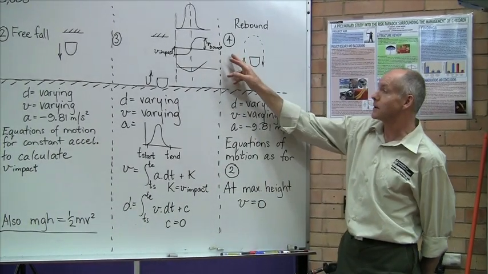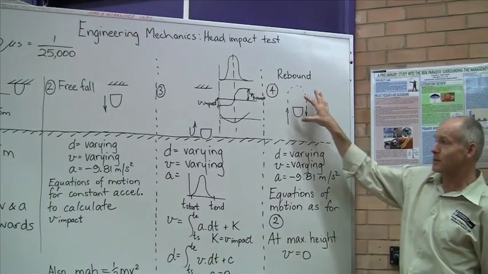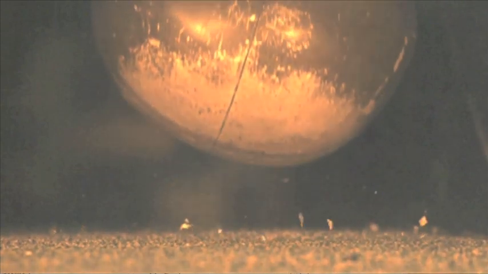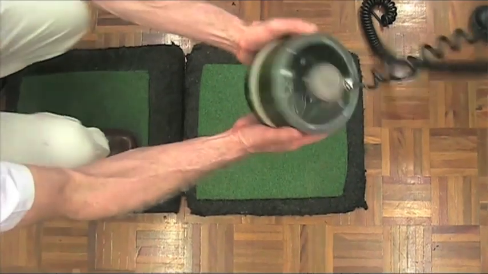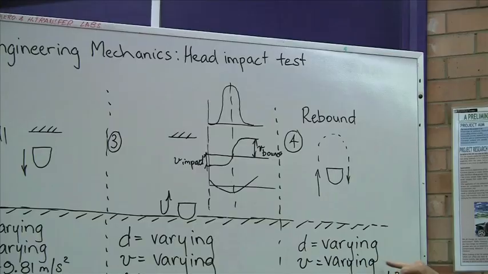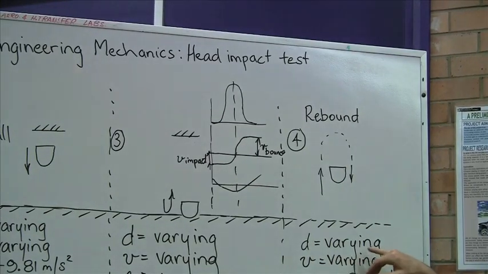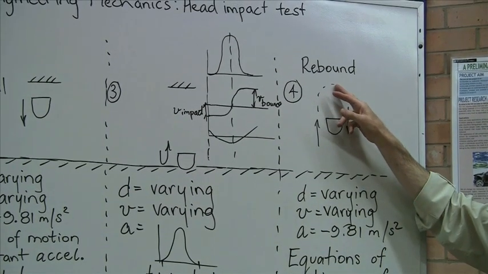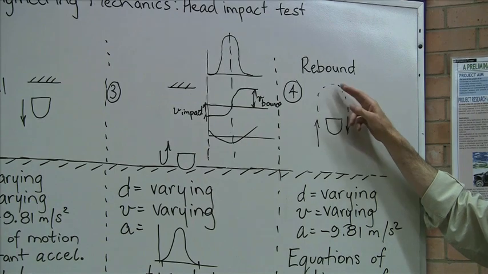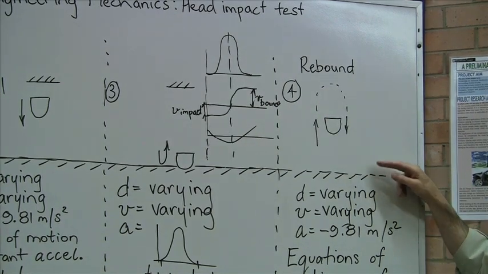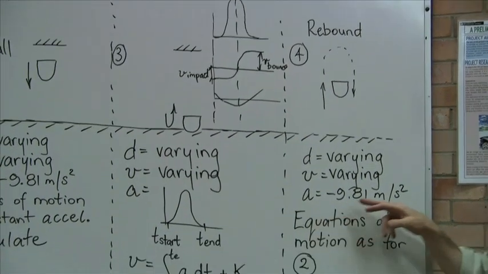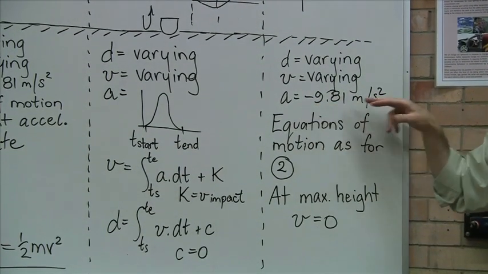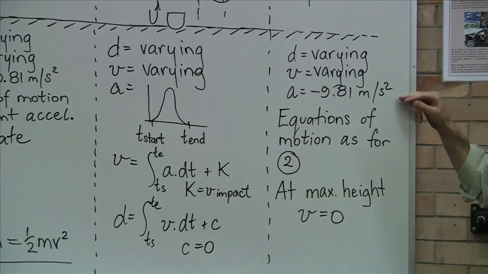Now the rebound is somewhat similar to stage 2, the free fall. During rebound, the head form is travelling up, so our distance is varying, our velocity is varying. Our velocity is going from V bounce at the beginning up to 0 at apogee or maximum height, and then our velocity goes negative as it falls back down. During this time, it's a bit counterintuitive, the acceleration is constant, and that's minus 9.81 metres per second squared.